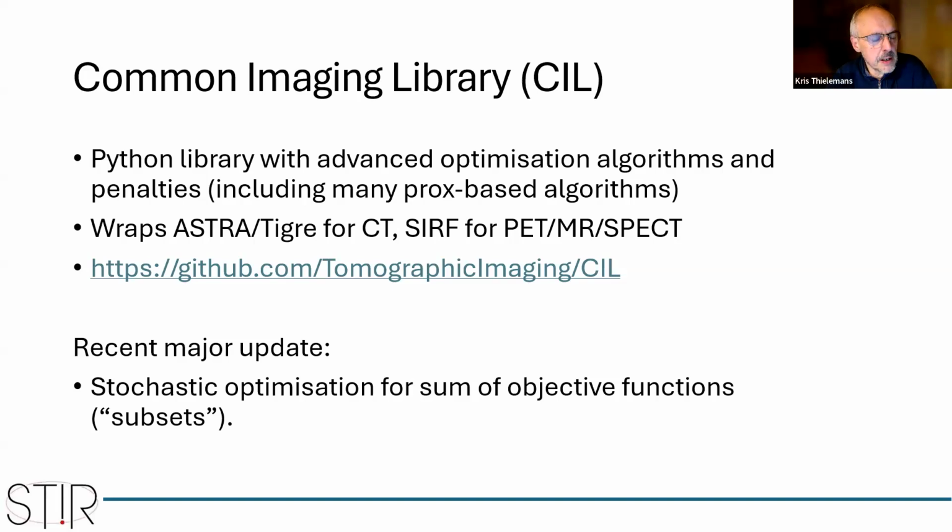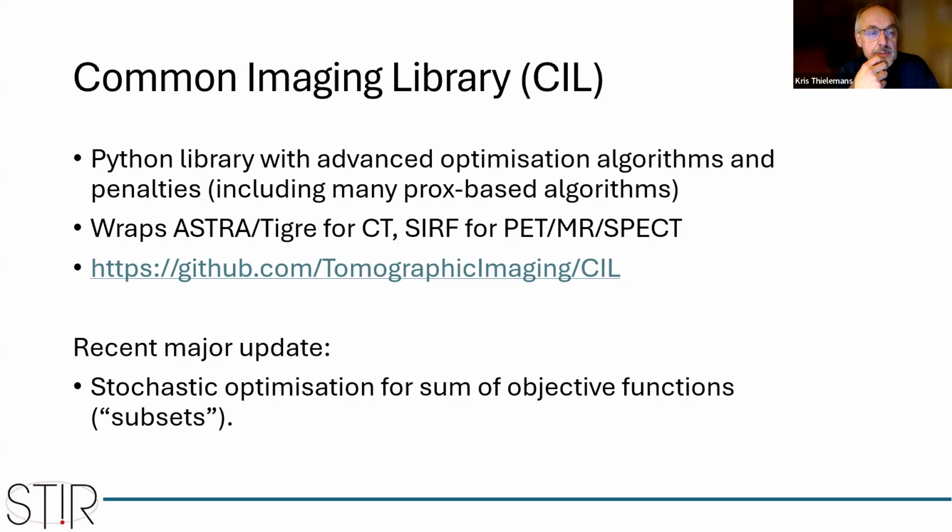And in particular, one of the things that got merged into STIR was stochastic optimization, which Robbie worked on in the past. As opposed to subsets, you can generalize to any sum of objective functions, and then you can try and not just do every subset independently, but keep some history and therefore have better results.